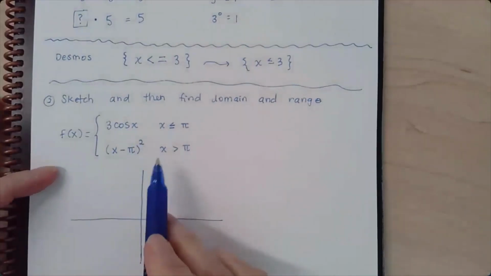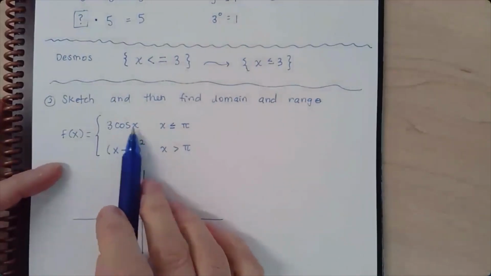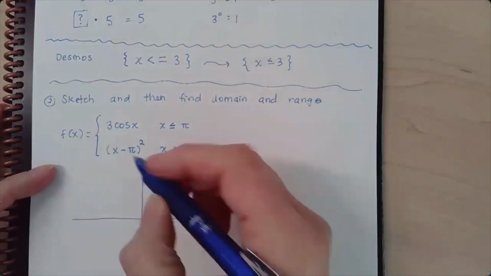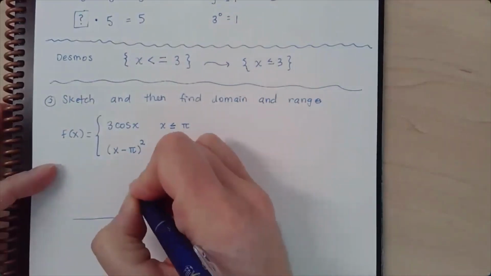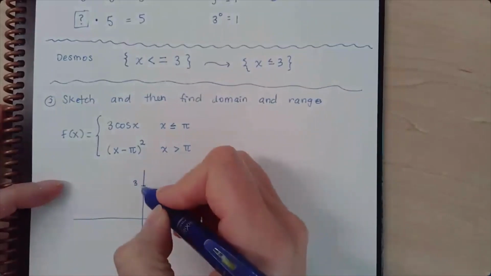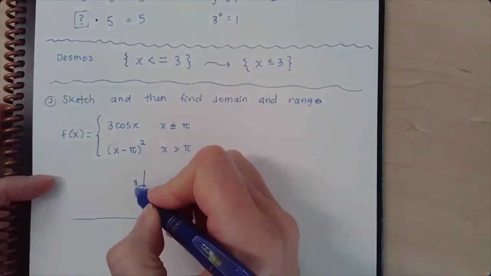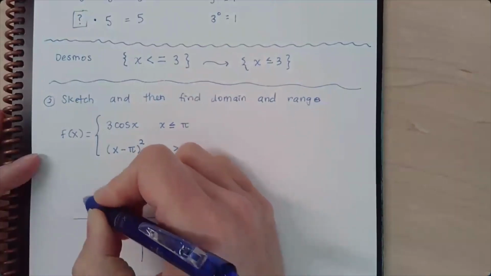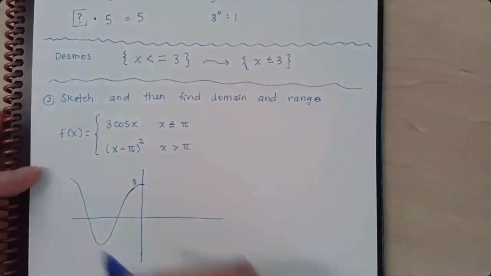I know that at 0, cosine of 0 is 1. So I'd have 1 times 3, or that y-intercept would be up here at 3. And since it's a cosine graph, that's my high point. And I know I'm looking at the left-hand side of pi, so it would do something like that over there and keep going.